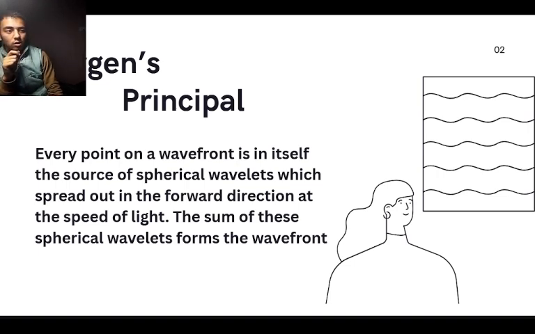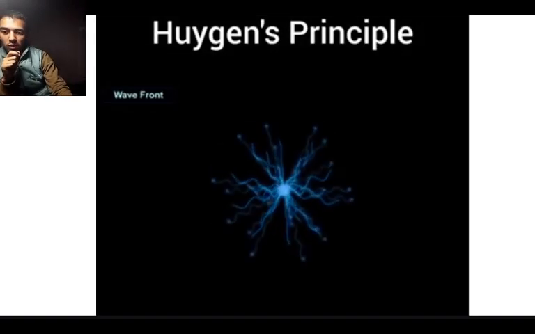What is a wavelet? A wavelet is a secondary wave, and it spreads out only in the forward direction. After moving forward, the sum of the spherical wavelets forms the wavefront. Now we will understand it with the help of animation.